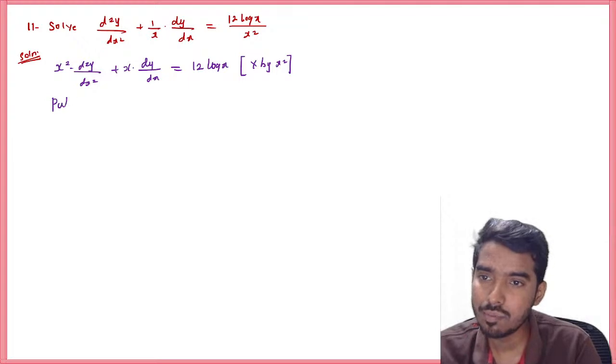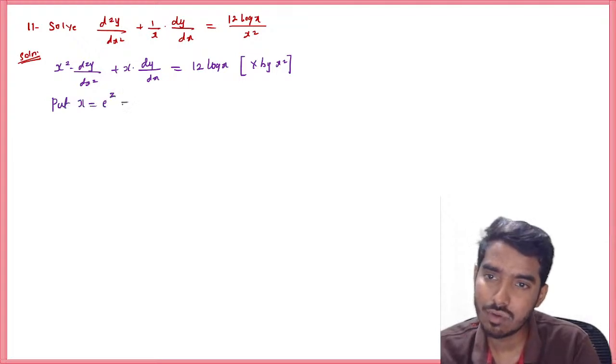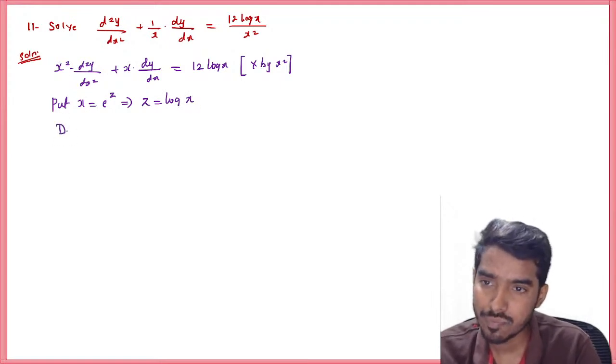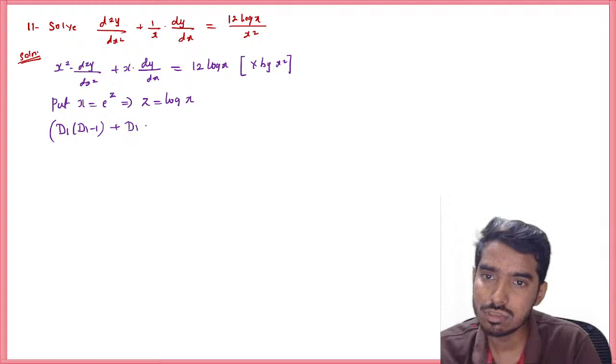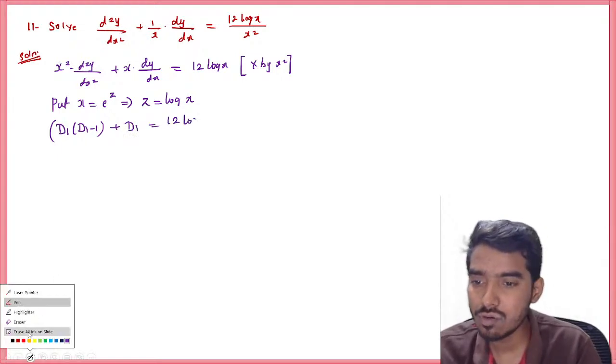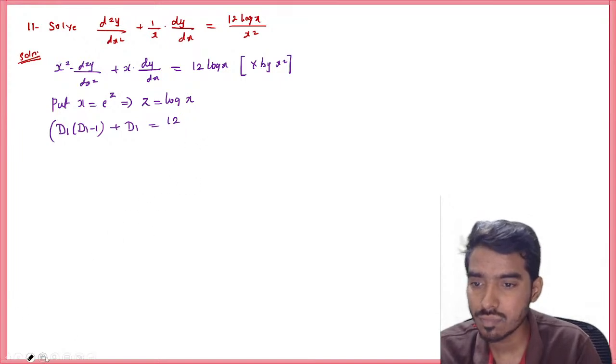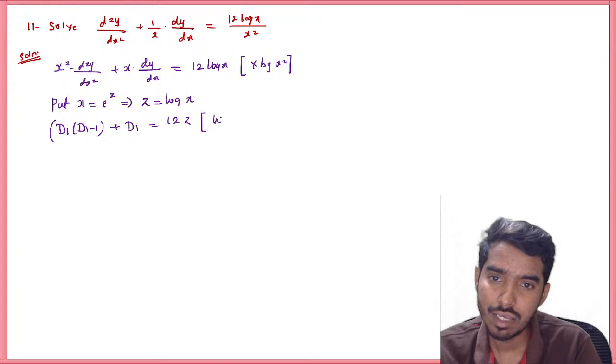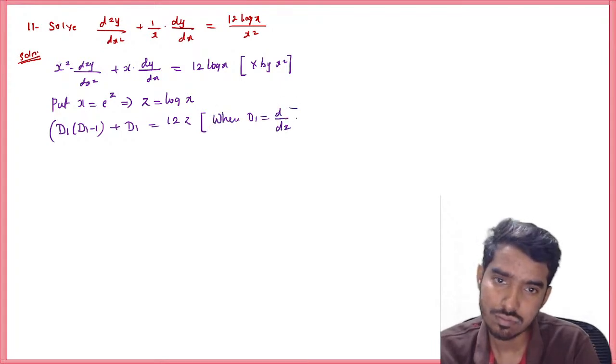So what you have to do, put x is equal to e power z. So that means z will be log x. So therefore replace x square d square by D1 into D1 minus 1, and x d is D1, is equal to 12 times log x, and we know log x is z. So after this substitution, everything will be converted in terms of z. Where D1 is d by dz.